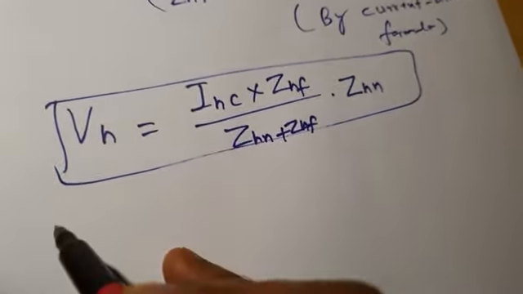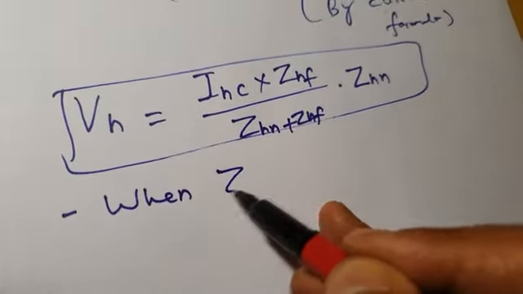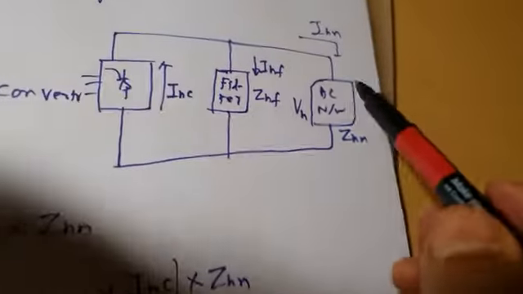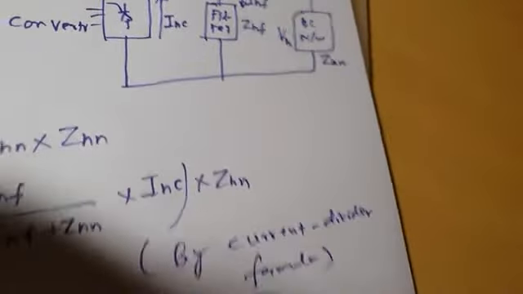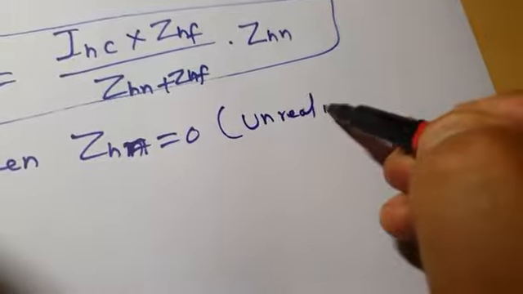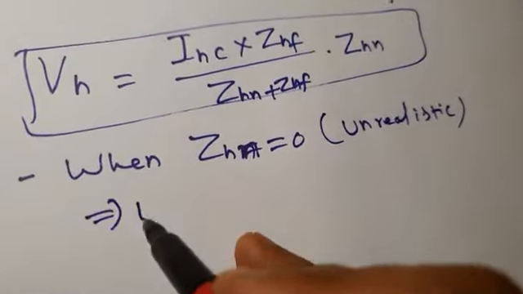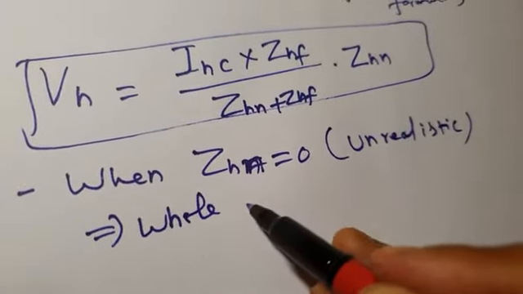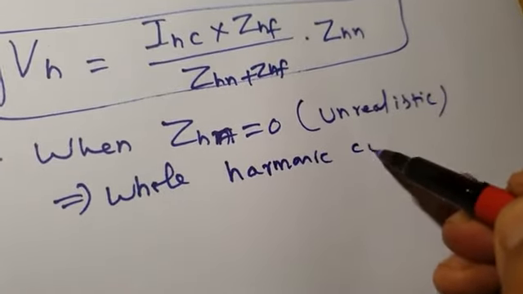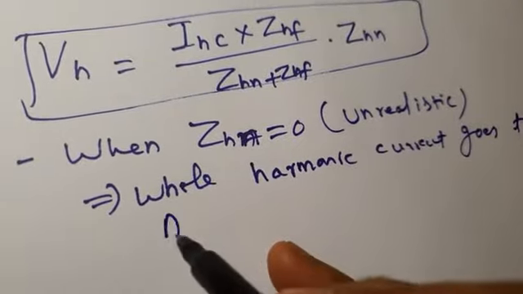Okay, so when ZHN is equal to 0, I mean when the impedance of the AC network is equal to 0, which is an unrealistic case. You can never have the impedance of the AC network be 0. Then in that case, the whole harmonic current goes to the AC network.